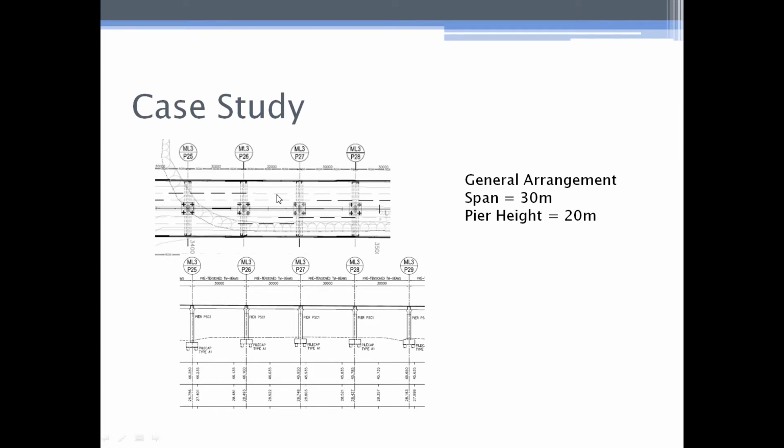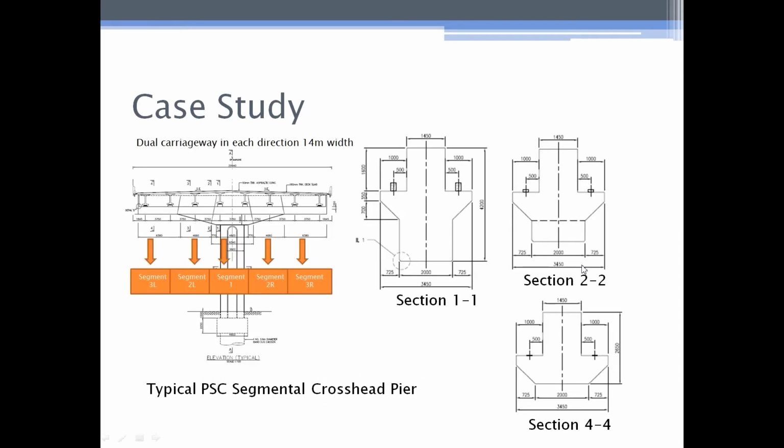The bridge is a precast beam and in situ deck type supporting on the T-type pier. The span is 30 meter and the average pier height is about 20 meter. The bridge will carry a dual carriageway, and each direction of carriageway is 14 meter wide.